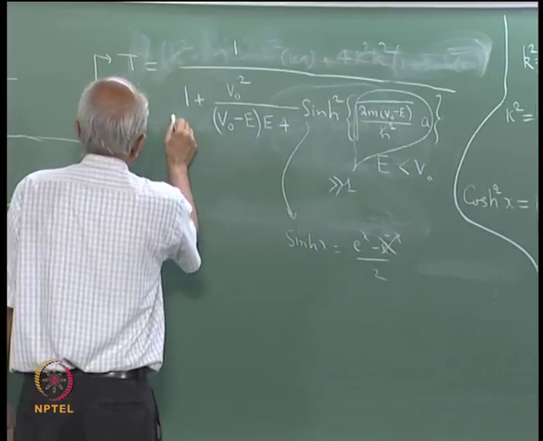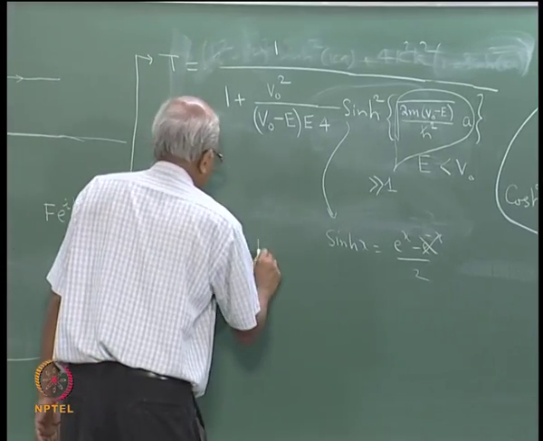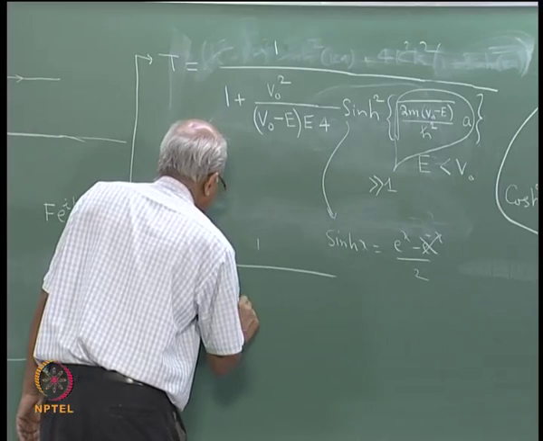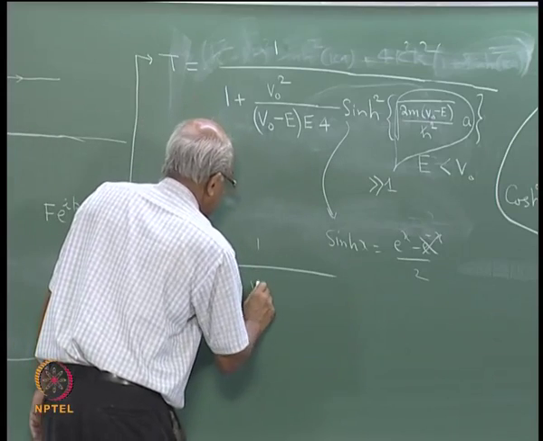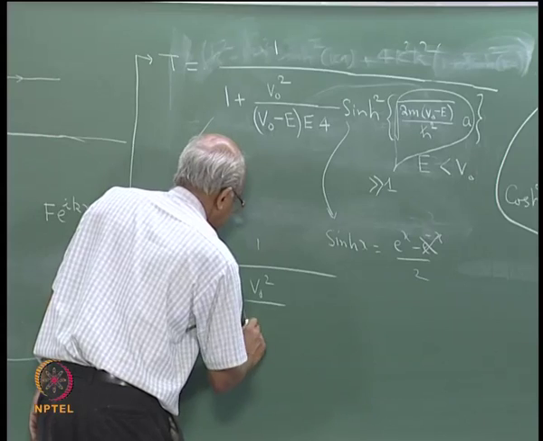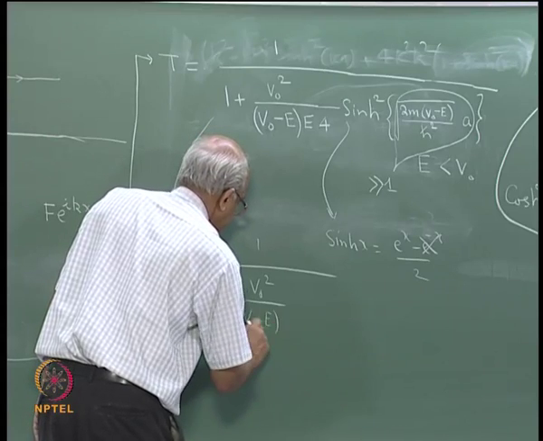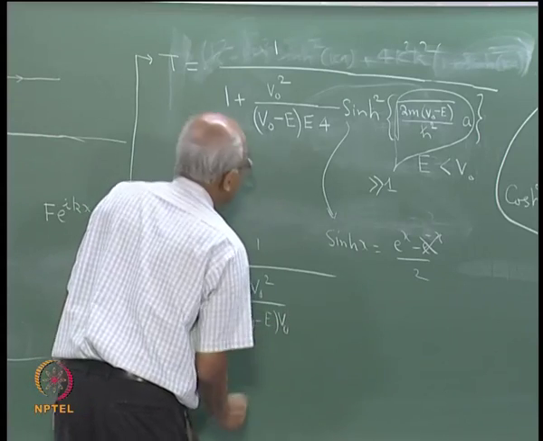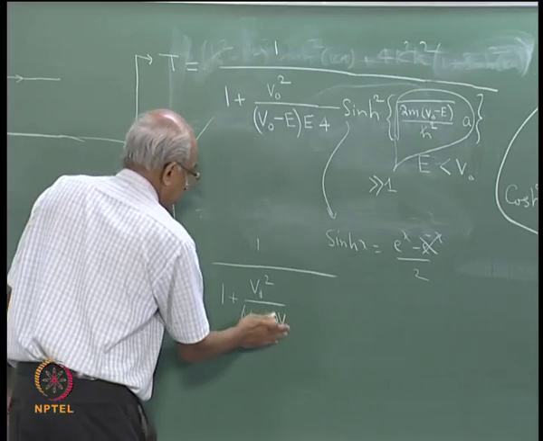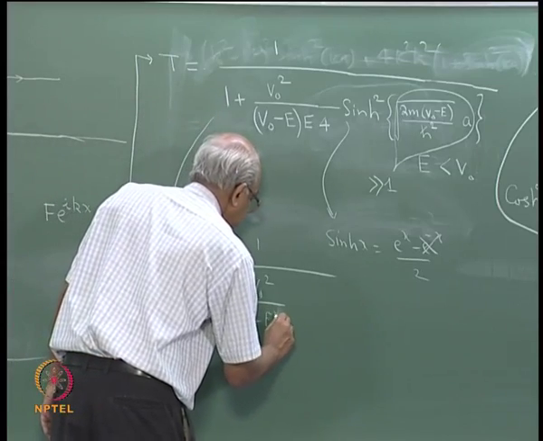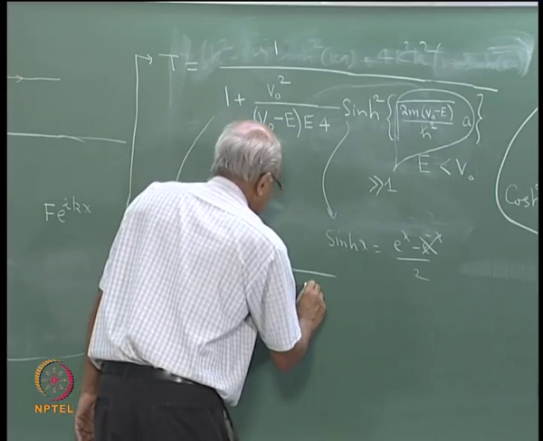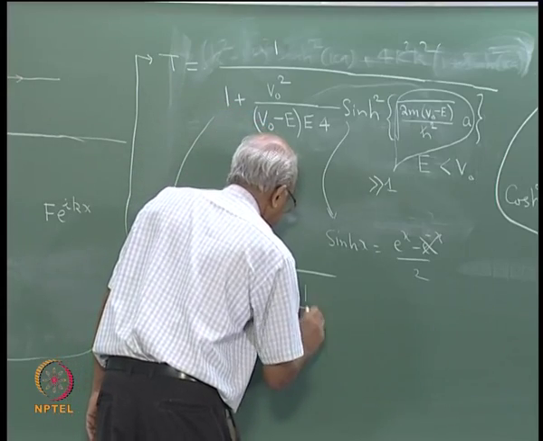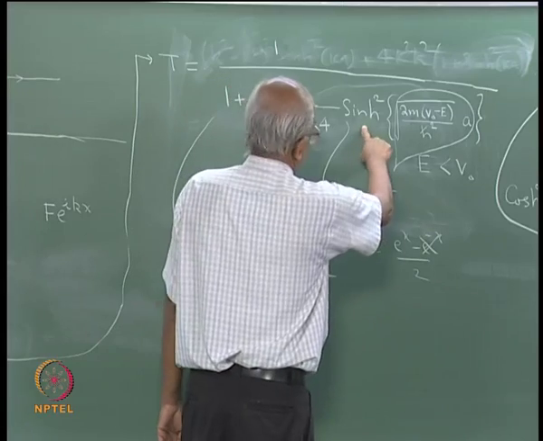And therefore, under that limit, this will become 1 divided by 1 plus V0 square divided by V0 minus E into E divided by 4 sinh square.